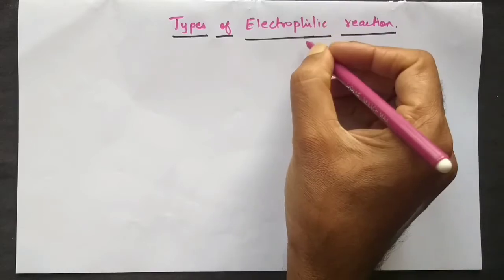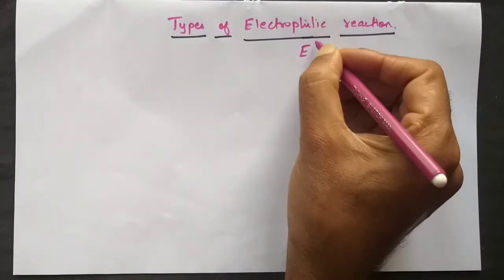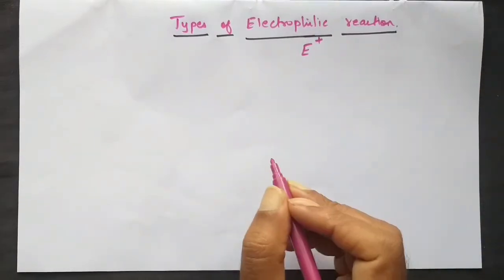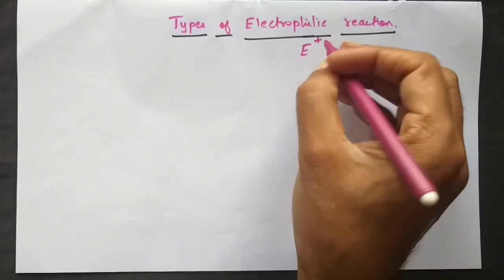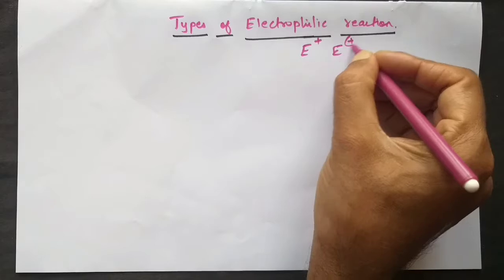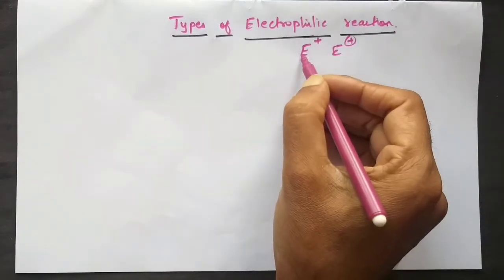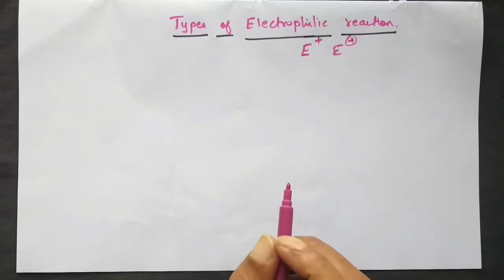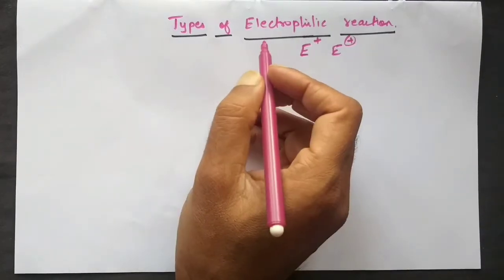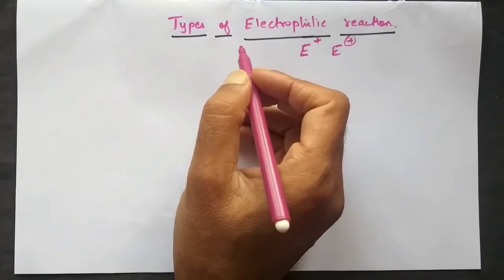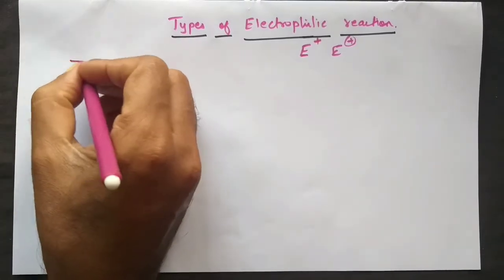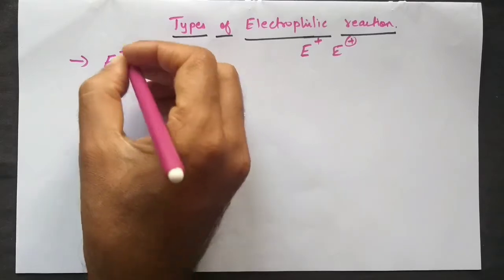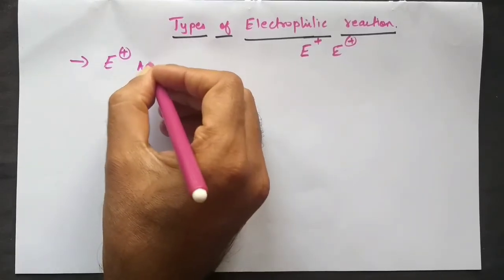An electrophile in general can be represented as E plus, or with a circled letter. So types of electrophilic reactions: they will undergo two types of reactions. One will be electrophilic addition reactions.